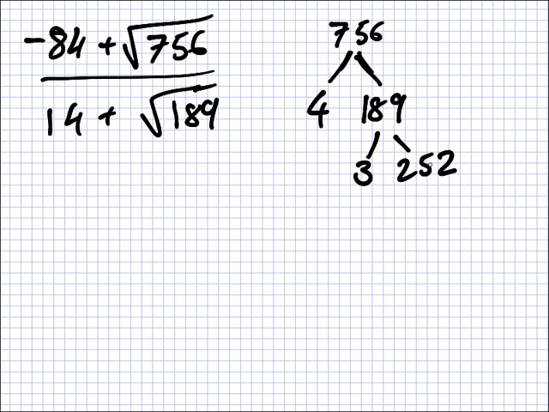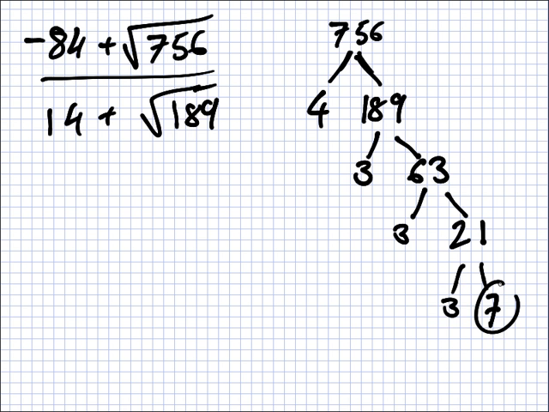But I would like to break it down, because I can break the 189 down, it looks like. 189 divided by 3 is 63. That's 63, which is 3 and 21. And 3 and 7.